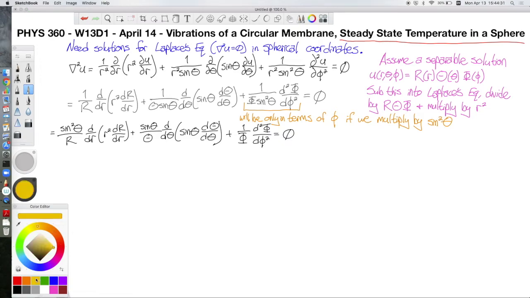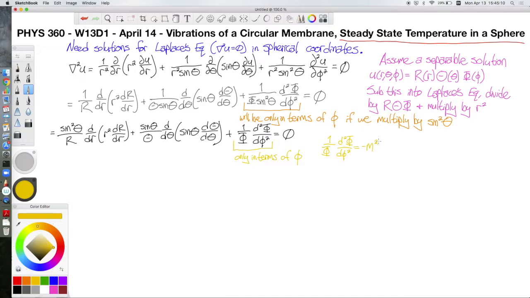And now we can say that this last term here is only in terms of phi. So we're going to pick ourselves a separation constant here. This term that I've highlighted in yellow must be equal to a constant. And we are going to choose a negative separation constant of negative m squared because phi and theta are both periodic.